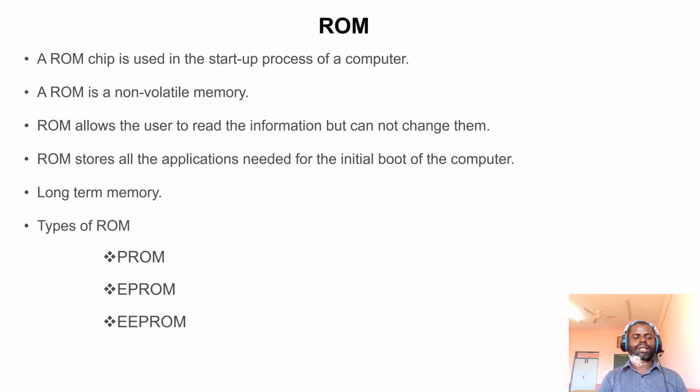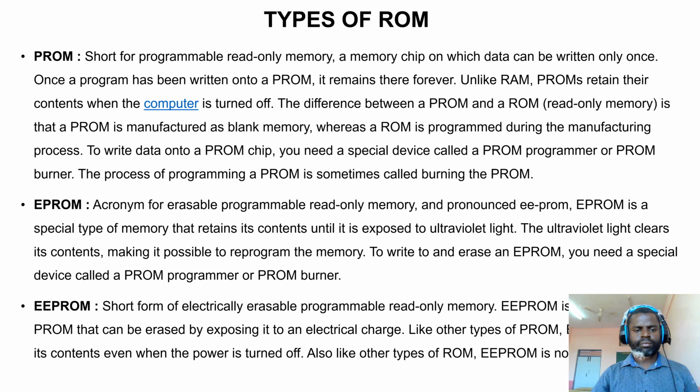So following are the types of ROM: PROM, EPROM and EEPROM. PROM stands for Programmable Read Only Memory. EPROM stands for Erasable Programmable Read-Only Memory.